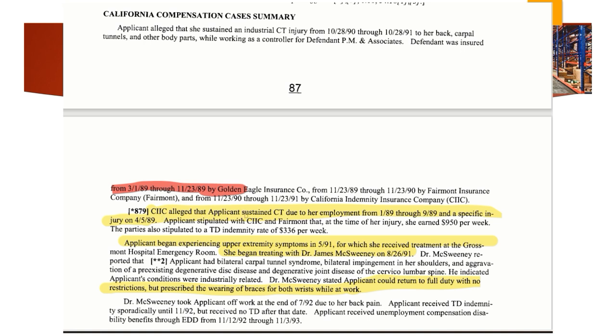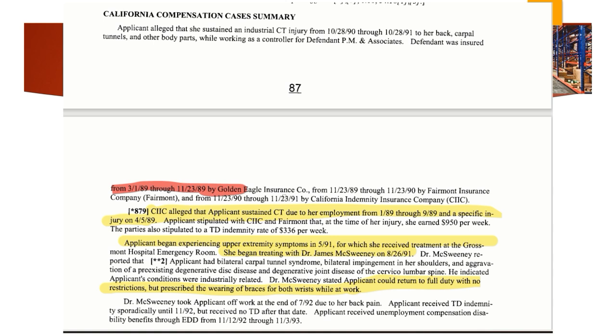CIIC alleged that the applicant sustained CT due to her employment from 1/89 to 9/89 and a specific injury on 4/5/89. 4/5 falls within this time period during which Golden Eagle Insurance was the insurer.